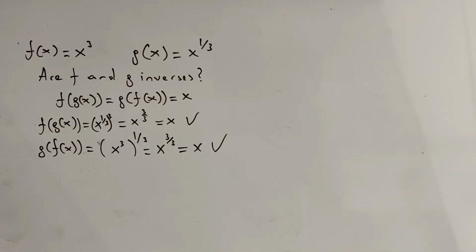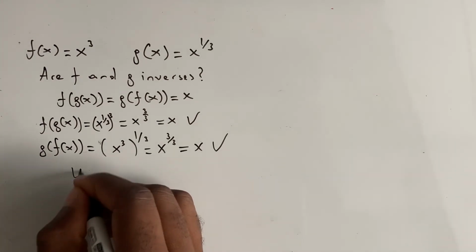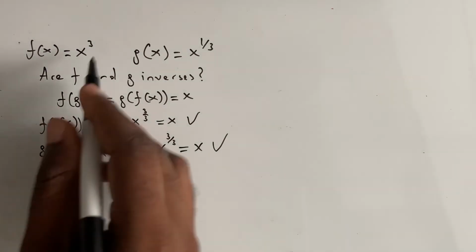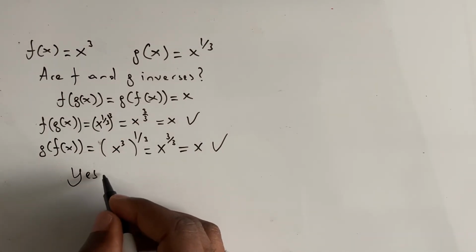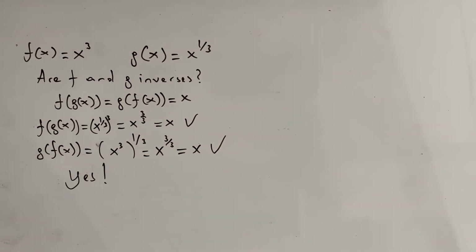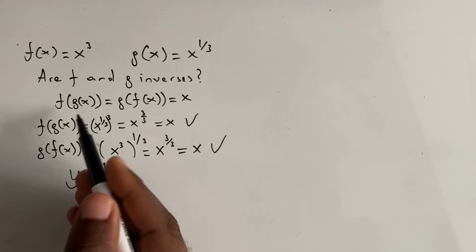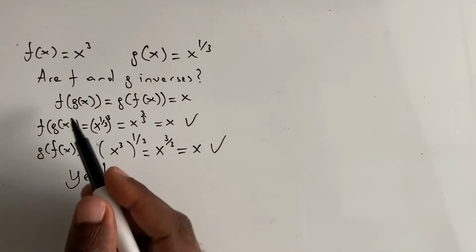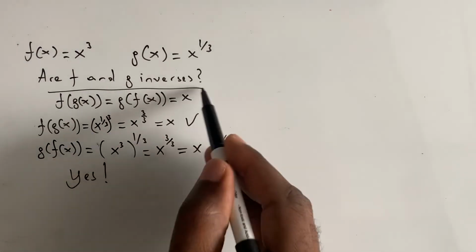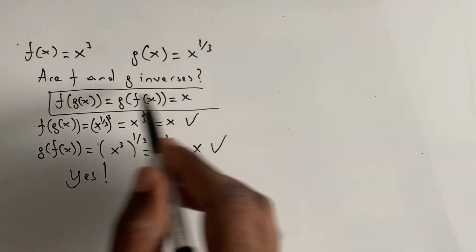So they're checked, therefore you would say yes, the two functions are actually inverses of each other. This is how you check to see if they're inverses of each other. You just need to solve for f of g of x and g of f of x.